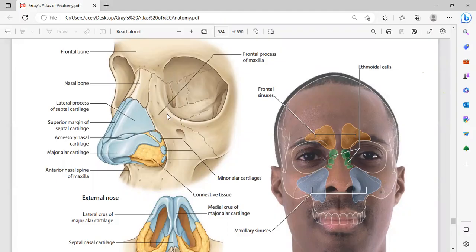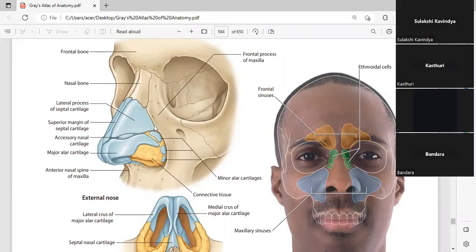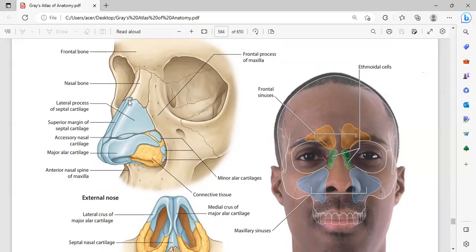So I tried to find a picture to help us at least picture this, but there was nothing that I could find properly. So I don't know how exactly we can remember this, but just anything with that word nasal obviously means nose. So all that will innervate this external nose.